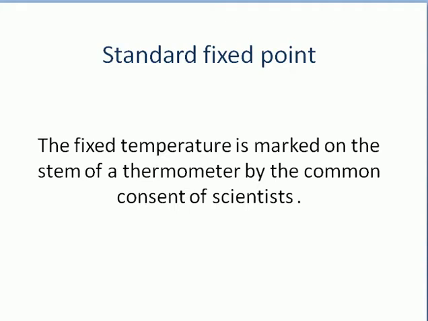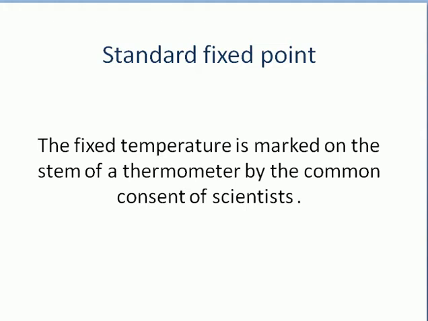The fixed points are used in calibrating thermometers. To calibrate a thermometer is to mark it so that you can use it to measure temperature accurately. A fixed point is a standard degree of hotness or coldness, such as the melting point of ice or the boiling point of water.